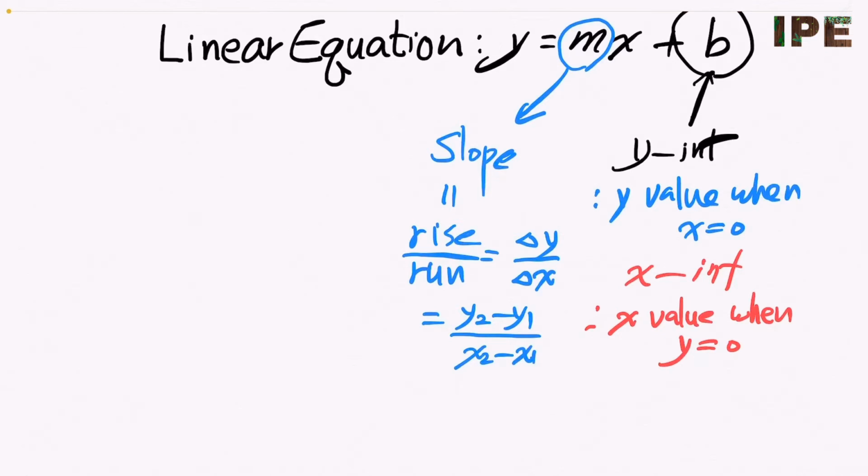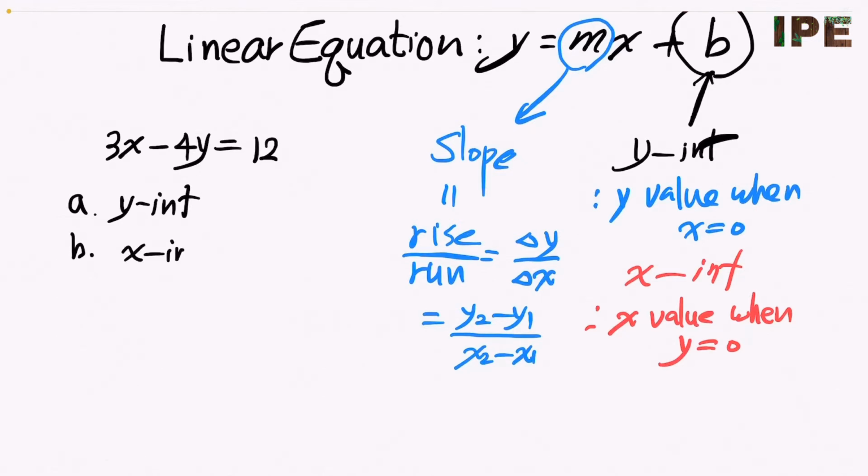Okay, I'm going to give you one very simple example. There is one linear equation, 3x minus 4y equals 12. A, what is the y-intercept? B, what is the x-intercept? C, what is the slope? Okay, number one, y-intercept is the y value when x equals 0.